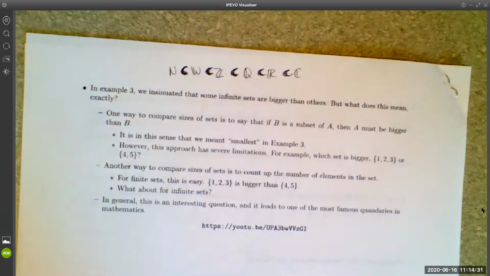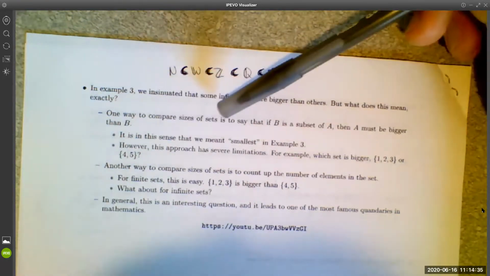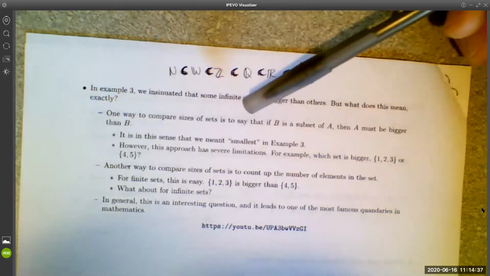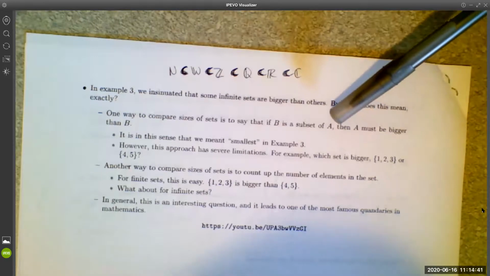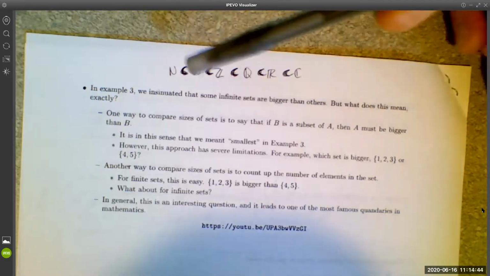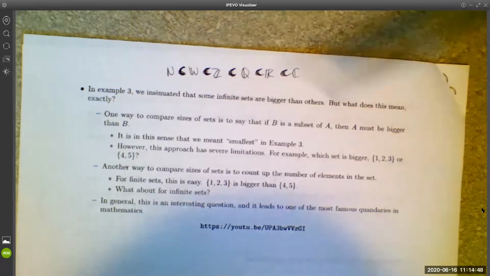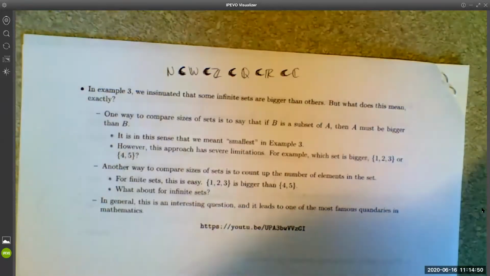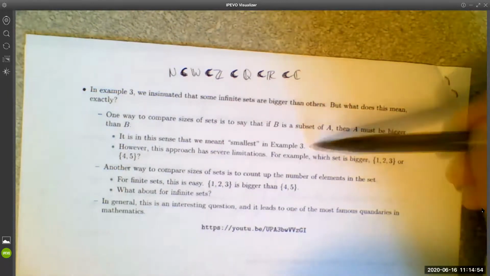Anyway, one way to compare sizes of sets is to say if one set is a subset of the other, then it must be smaller than the parent set, right? So we would say N is smaller than W because N is a subset of W. That's what I meant when I said smallest when we were looking at that example.